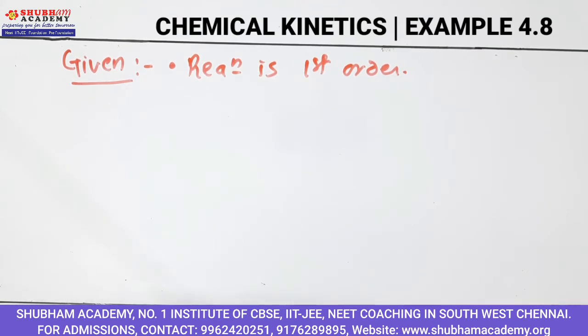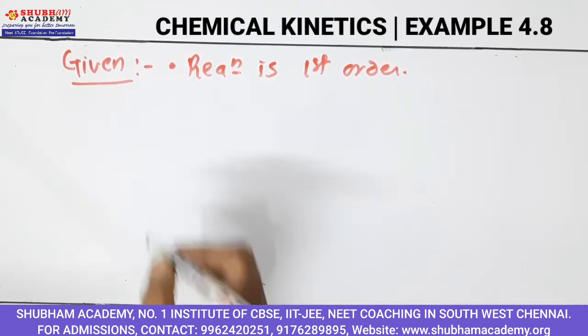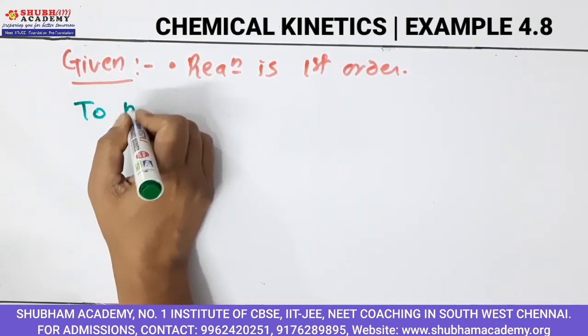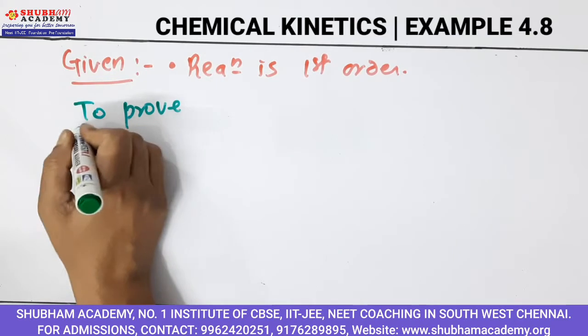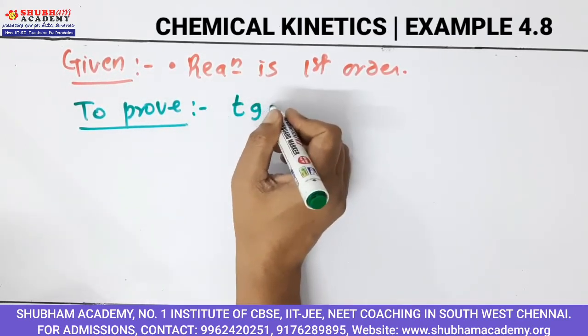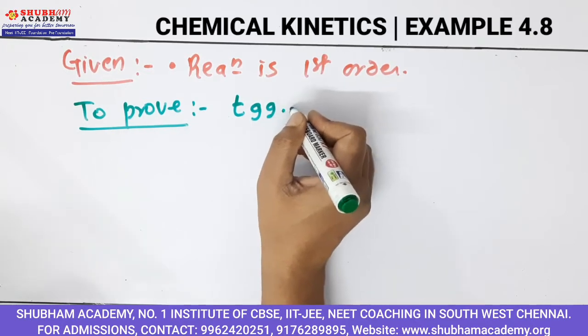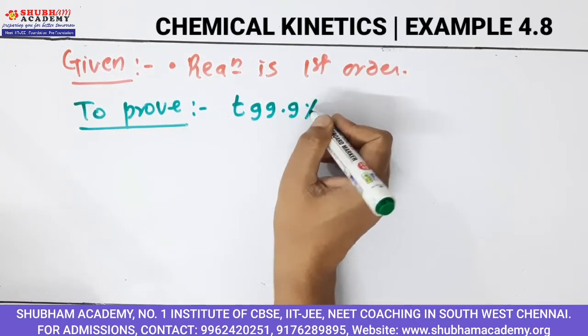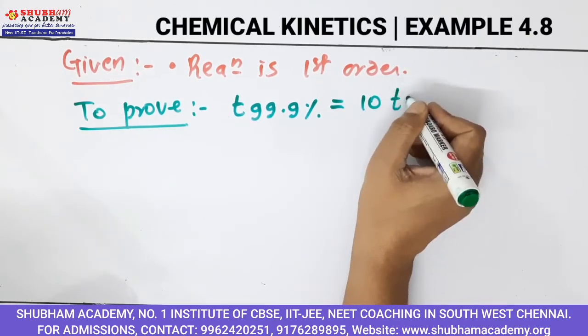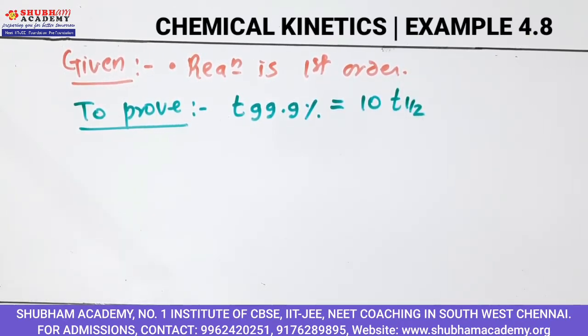What you need to find? You need to prove that T 99.9% is equal to 10 times T half.